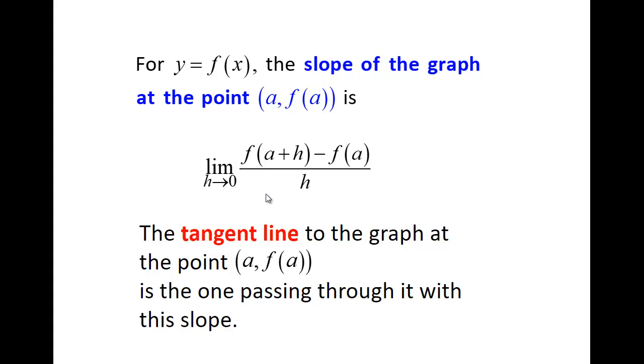So in the previous video, you saw that this limit gave us the instantaneous velocity of a moving object at time a. And in this video, we see that this limit is also giving us the slope of the tangent line to the graph of a function f at the point a, f of a.